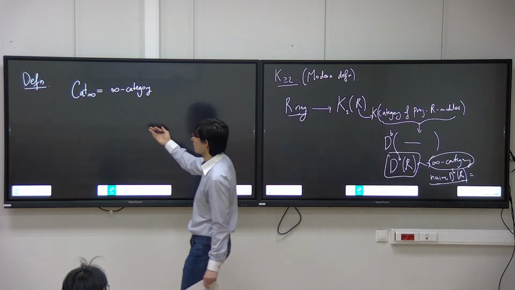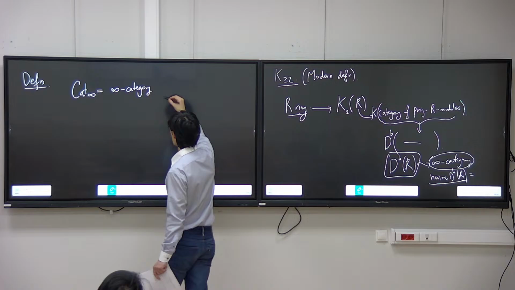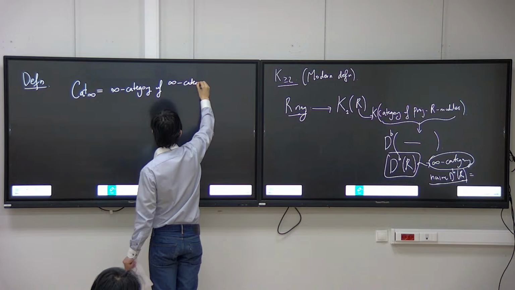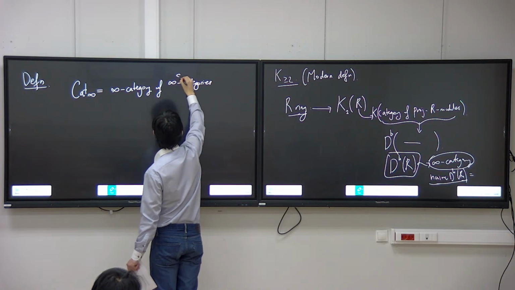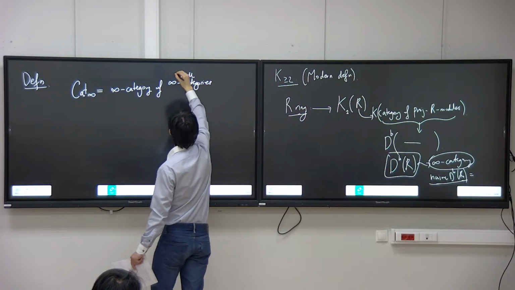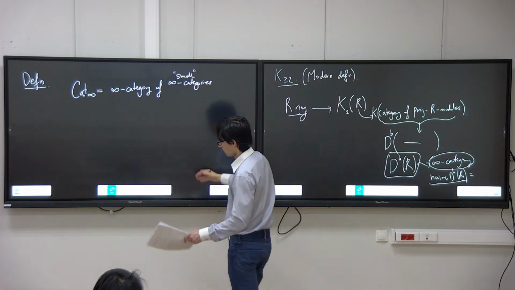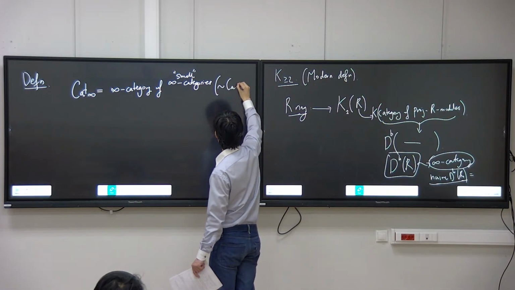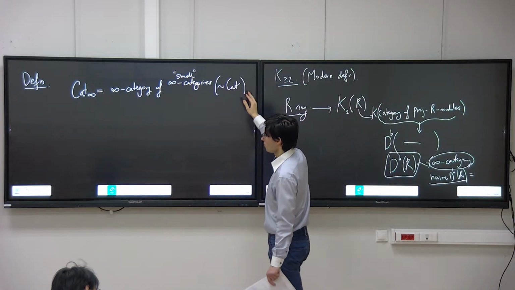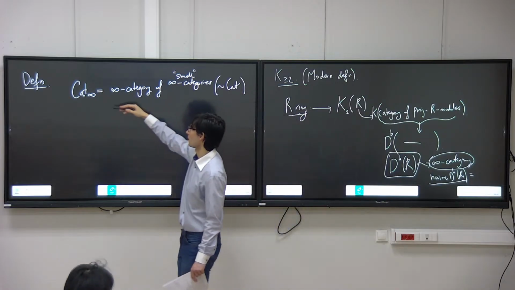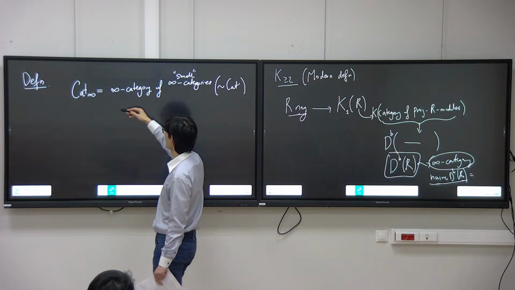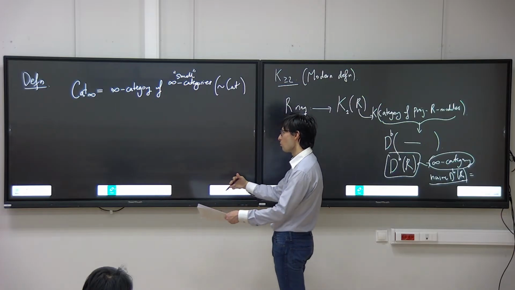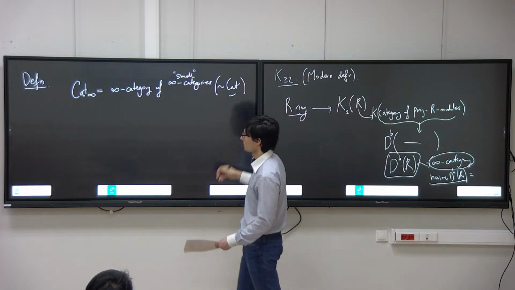So there's this object called cat infinity, which is an infinity category of infinity categories, basically. Or maybe small ones, otherwise you'd run into some issues of cardinality and things. This would be the analog of cat in the literature, the usual one category. But let me not get into that. You can package up all small categories into a category called cat.